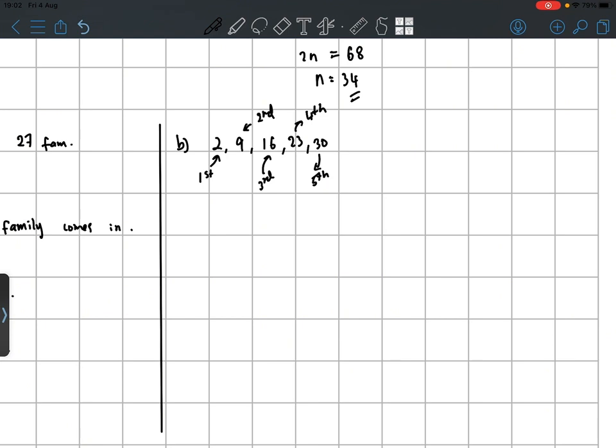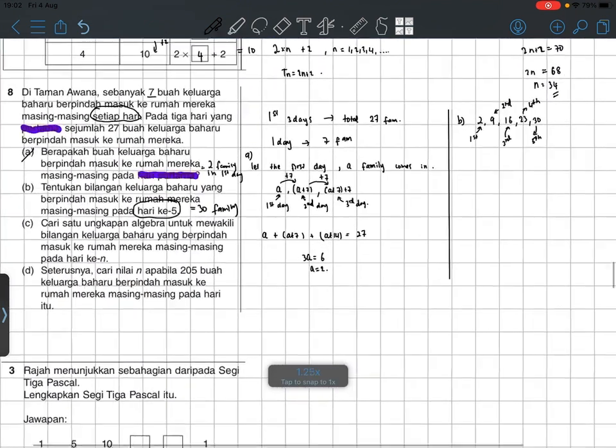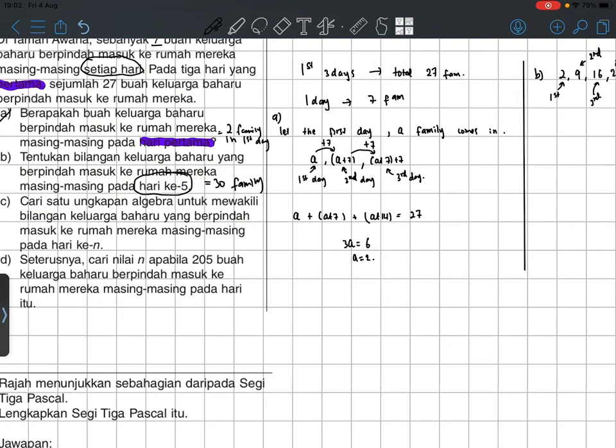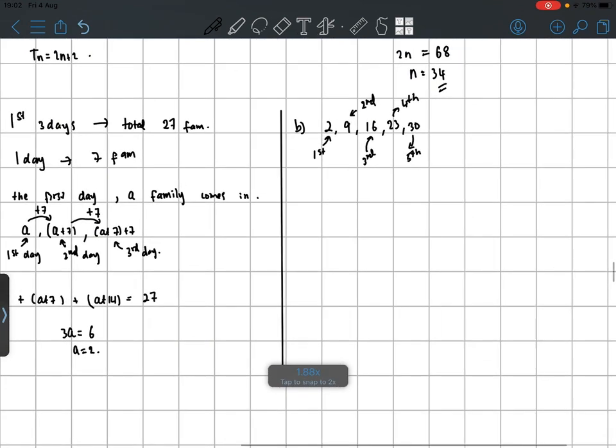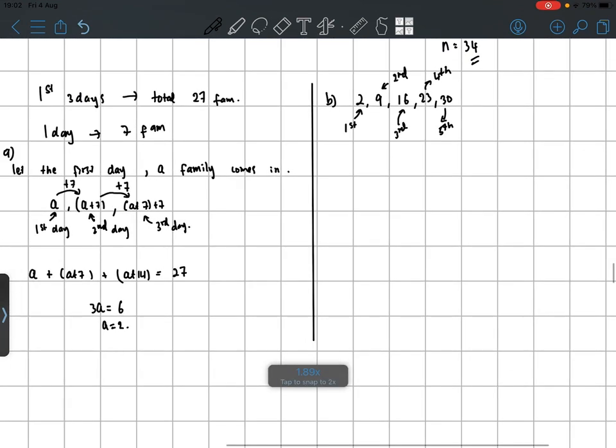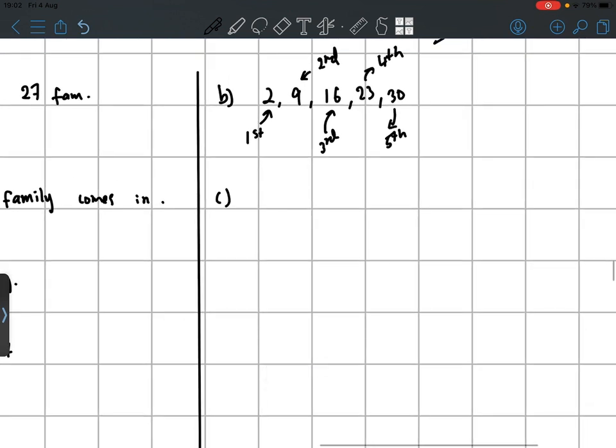Okay, question C, cari satu ungkapan algebra untuk mewakili bilangan keluarga baru yang berpindah pada hari ke n. Okay, so I believe we can use Tn equals a plus d(n minus 1), where the first term a is t1.